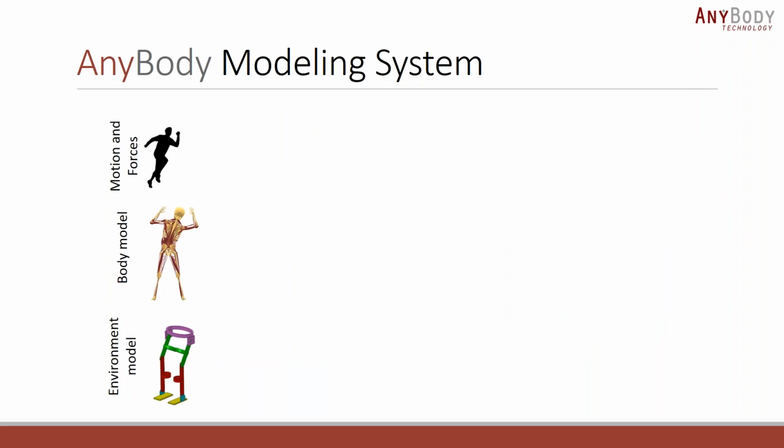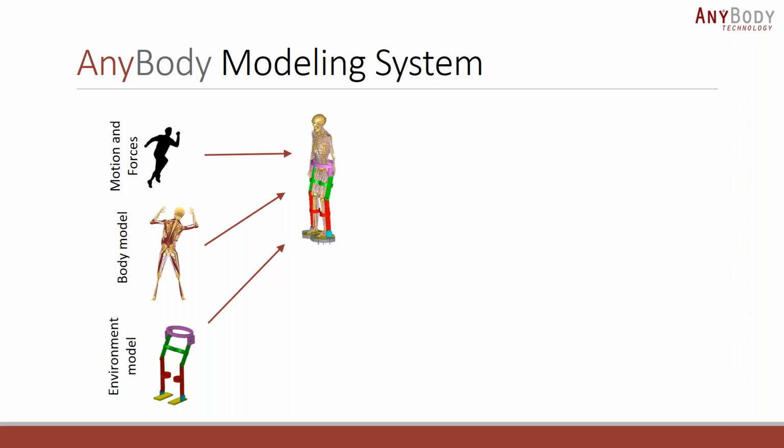A typical workflow in the Anybody modeling system could look something like this. You would provide maybe your measured forces and motion. That could be, for example, from a mocap lab. You would then use either body models you built yourself or some of the body models that we already provide, and maybe some sort of environment that your model works with. In this case, there's an example of an exoskeleton.